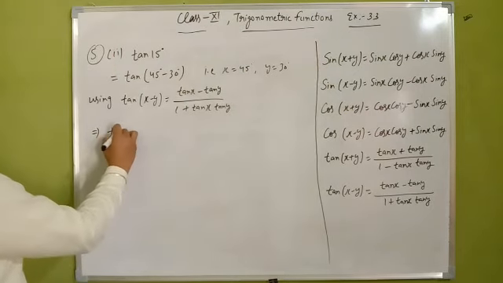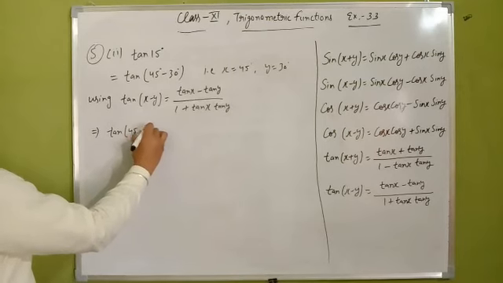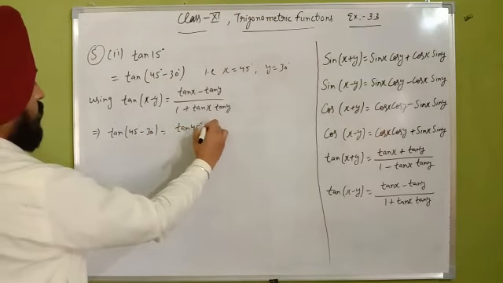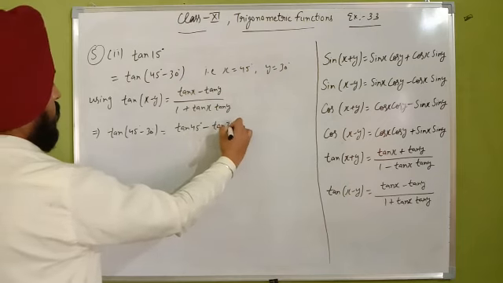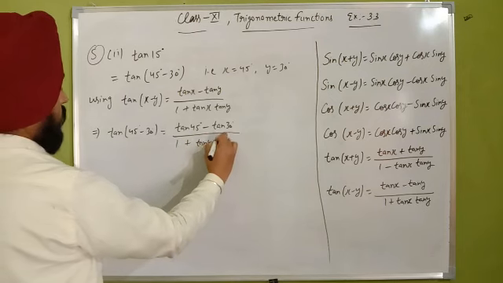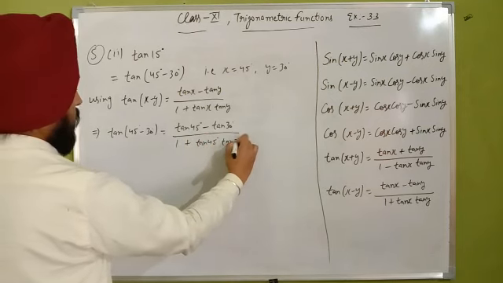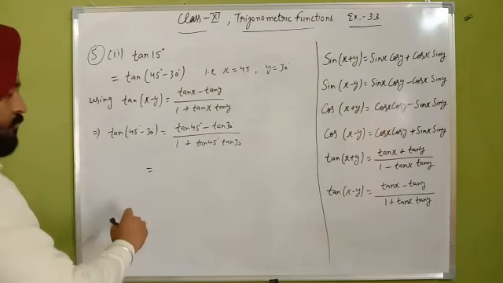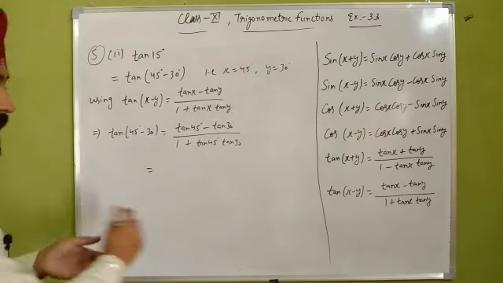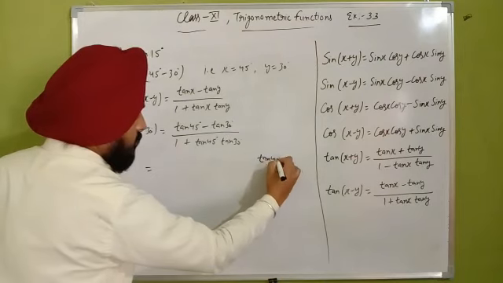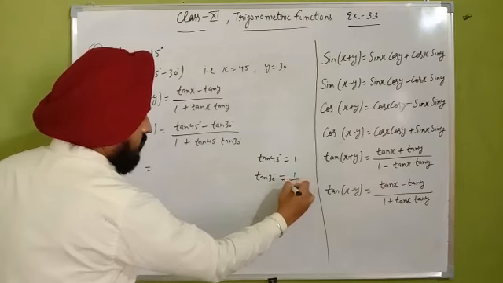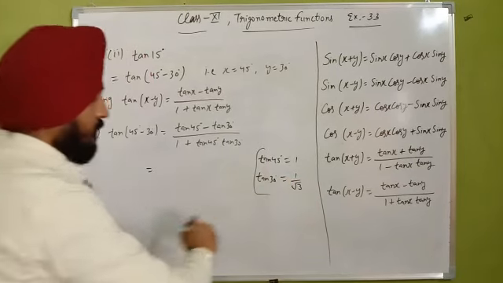So you have to put the values here. It implies tan of 45 degree minus 30 degree is equal to tan 45 degree minus tan 30 degree upon 1 plus tan 45 degree into tan 30 degree. We just have to put the values of tan 45 and tan 30 degree. As we know, tan 45 degree is always equal to 1 and tan 30 degree is equal to 1 upon square root 3.